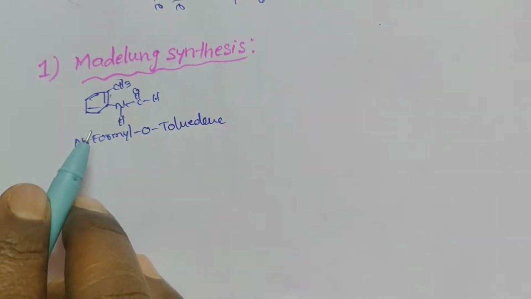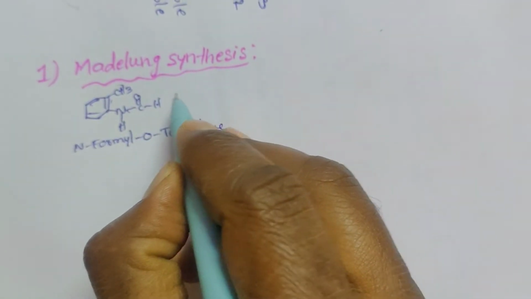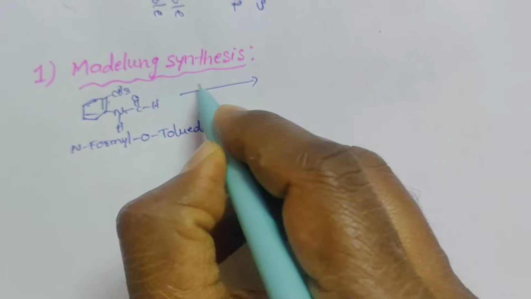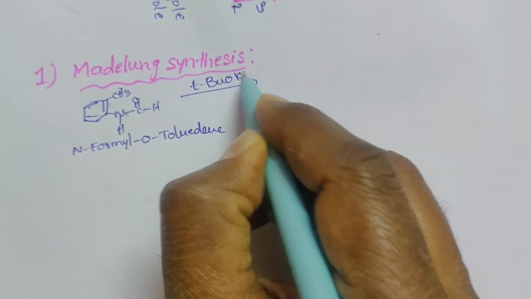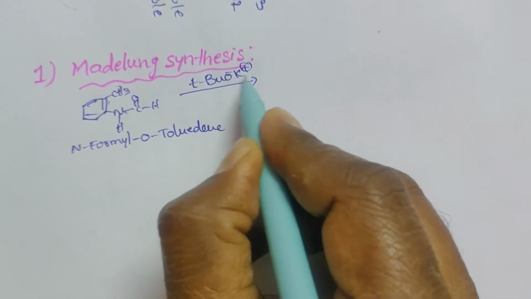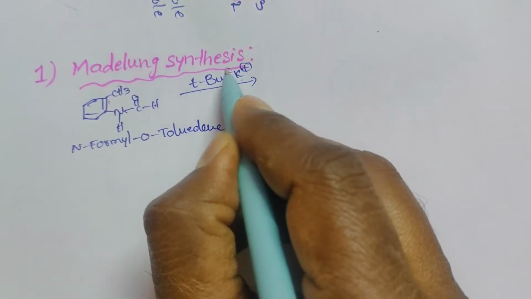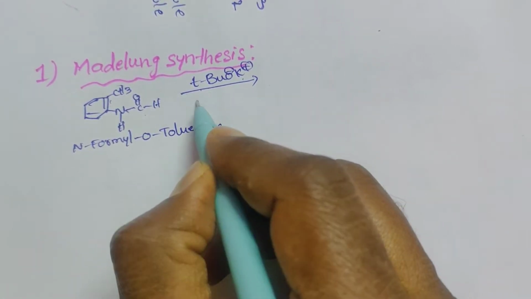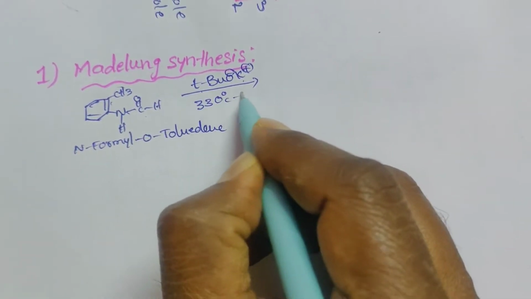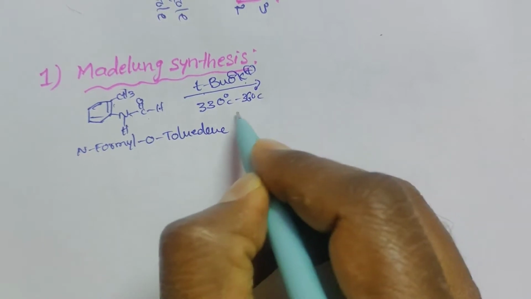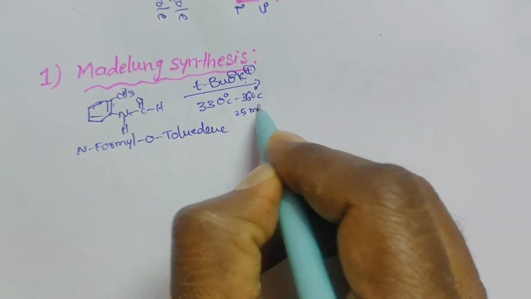So this is the starting substance, and this is treated with a strong base like potassium tertiary butoxide. So it is a strong base. Here it is treated at 330 degrees centigrade to 360 degrees centigrade for 25 minutes.